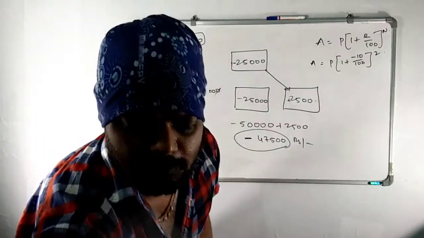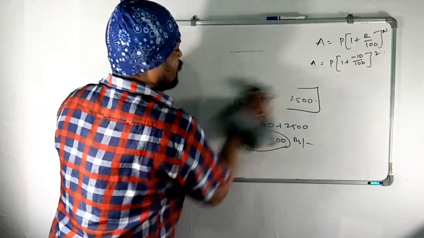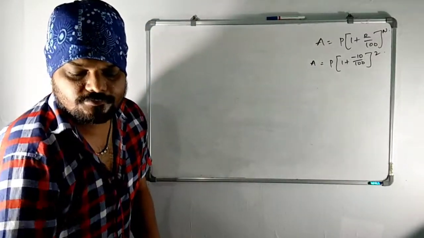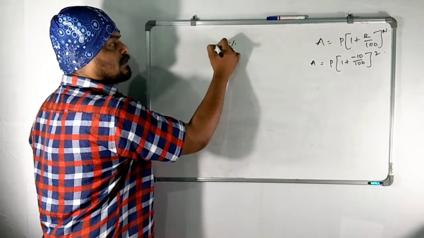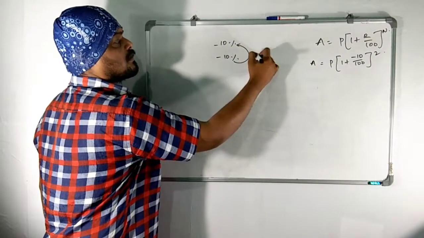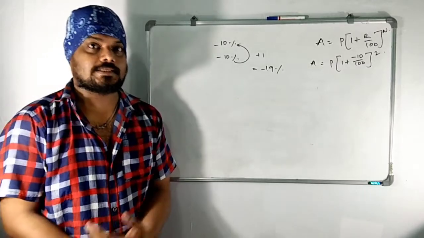And there is one more method which we can solve. In the previous condition, what do we do? 10% is decreased and 10% is decreased, and 10% upon 10% is plus 1, and we got minus 19% as overall decrease.